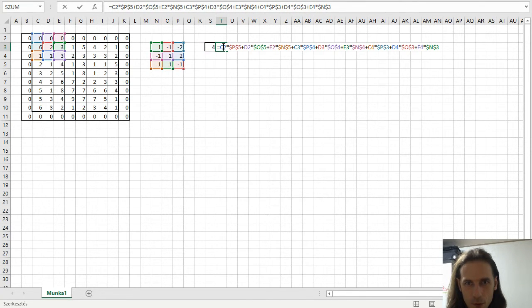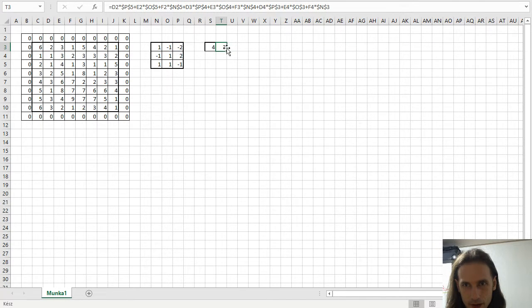Now I moved 1, but we have a stride of 2, so I want to move these little cells a bit more.